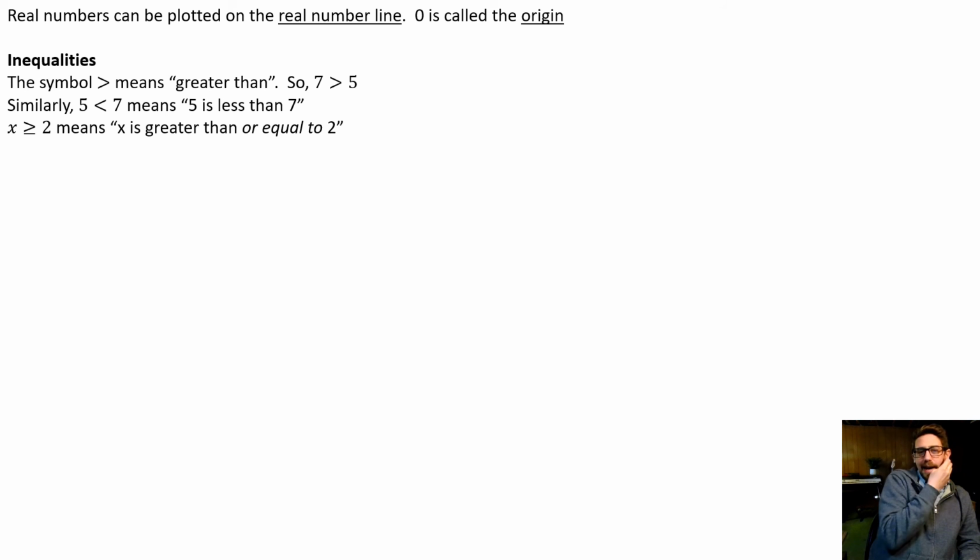If you have the little line under the greater than or less than symbol, that is inclusive. So that means greater than or equal to in that case. I can't say that 7 is greater than or equal to 5, because it's not equal to 5. But if I have a number like x, I know we're not to x yet, but you know what x means.